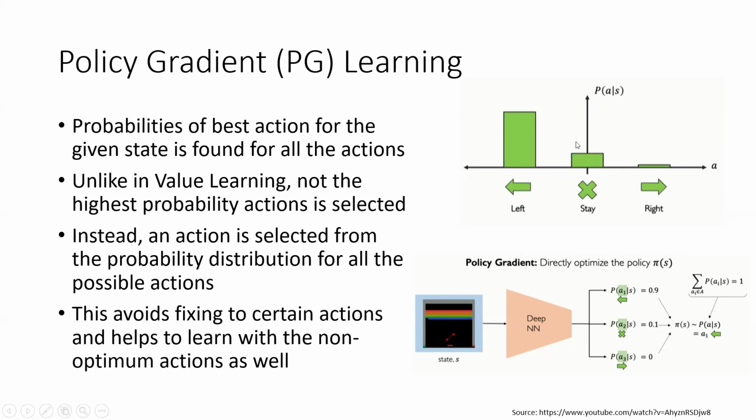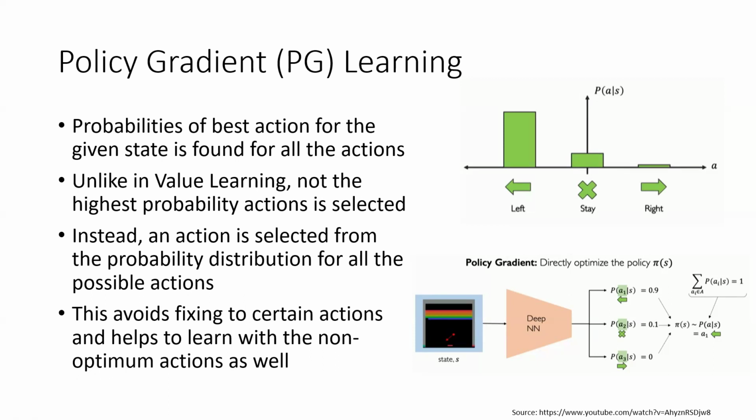That means learning what happens when you are taking the minority probability actions, and the network would be able to learn from the other actions as well. So this is an advantage when it comes to exploration. When it comes to policy gradient, it is much more suitable for exploration.